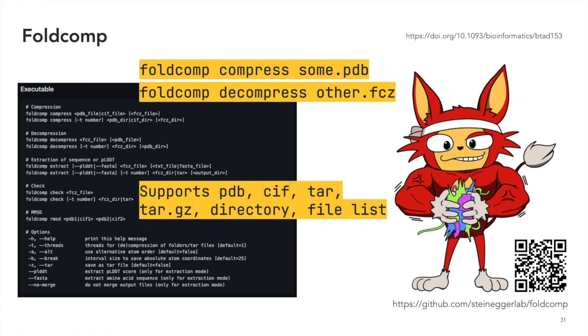And Foldcomp is publicly available as a command line interface. You can compress with just a simple command like foldcomp compress some PDB, and the decompression works like foldcomp decompress other FCZ. Foldcomp supports PDB, CIF, and tar.gz directories, and also text files of file lists. You can download it from the GitHub site.